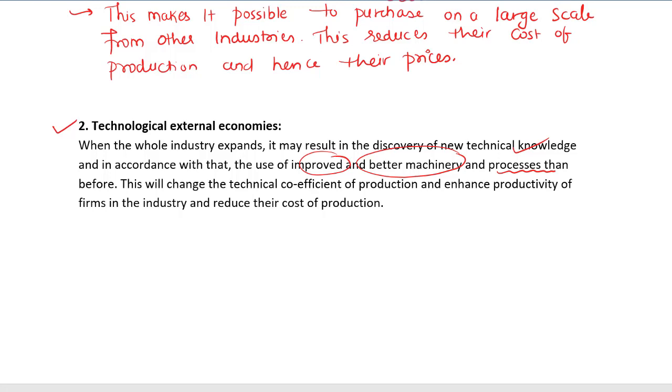This will change the technical coefficient of production and enhance the productivity and efficiency of the firm, and reduce their cost of production. So per unit, basically the average cost, the company will be saving.